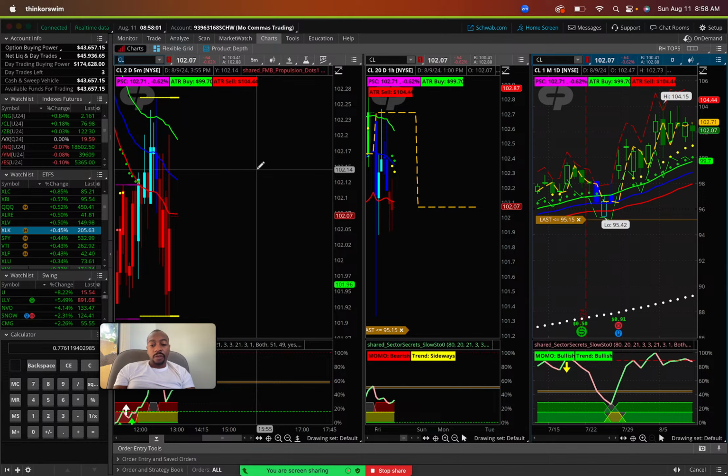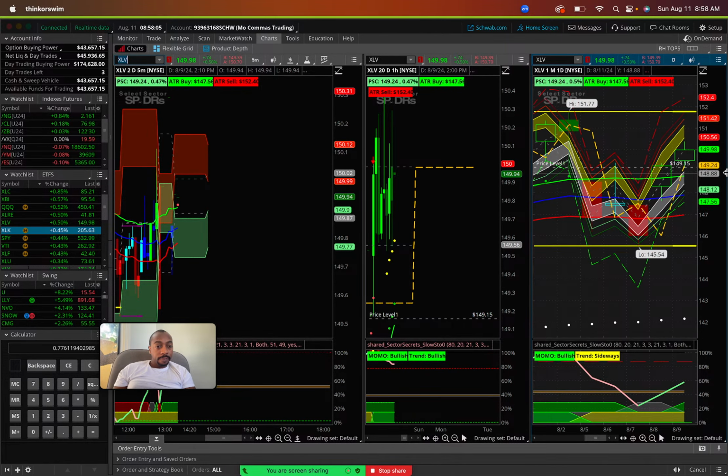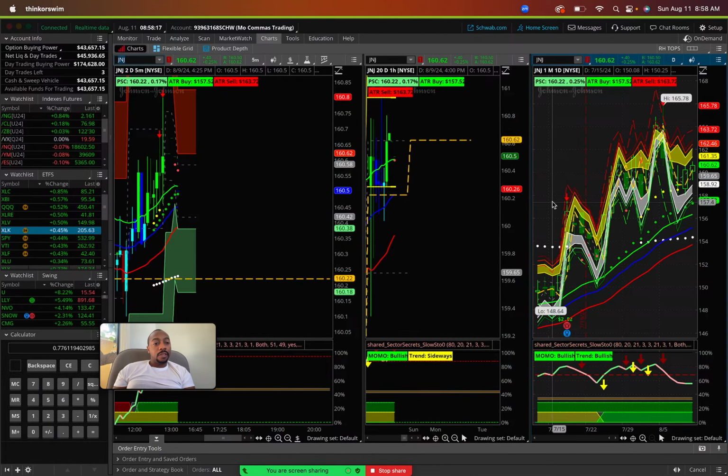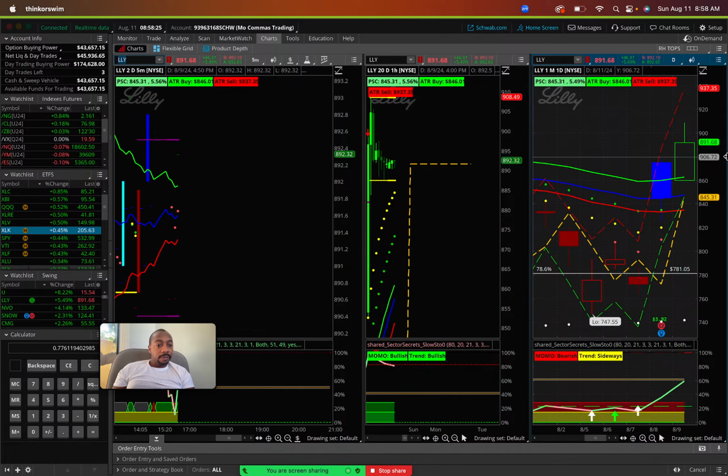And then what else did we say? Healthcare, XLV itself looks decent. If it got back down maybe to like 148.30, and then the names inside, see how those look. J&J, if it got back down to 158, and then Lilly, which is typically expensive.